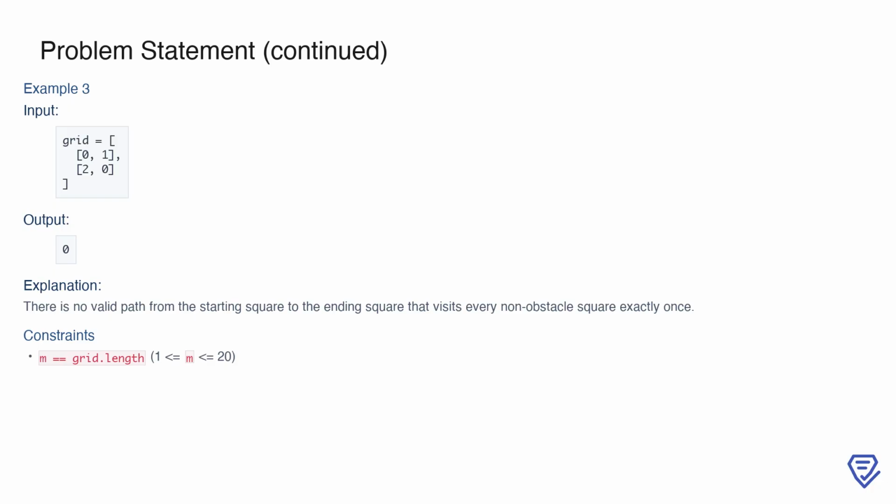On the other hand, in a smaller grid, such as a 2x2 matrix where the starting square and ending square are positioned diagonally, it may be impossible to find a valid path. For instance, if the grid is arranged in such a way that every non-obstacle square cannot be visited exactly once while moving from the start to the end, the output will be 0, indicating no valid paths exist.